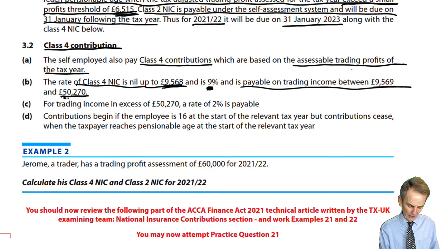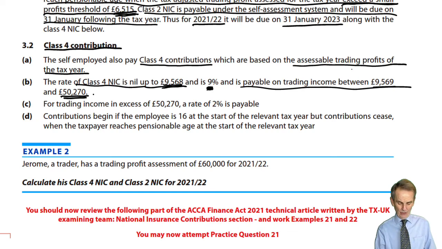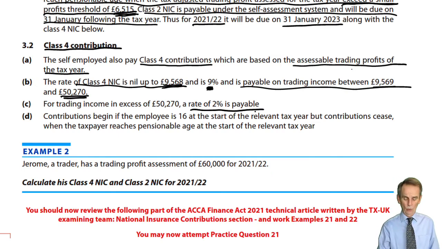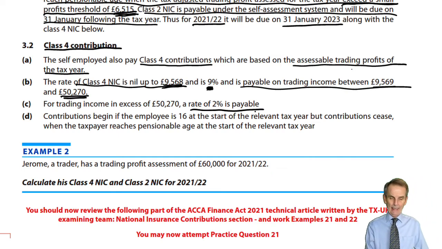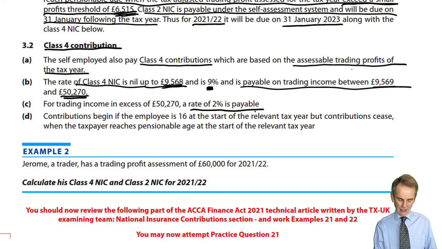So we've got the self-same £50,270. Above that, again, a set rate of 2% is payable on any and all remaining trading income in excess of that upper limit.